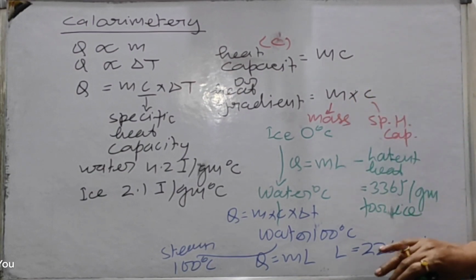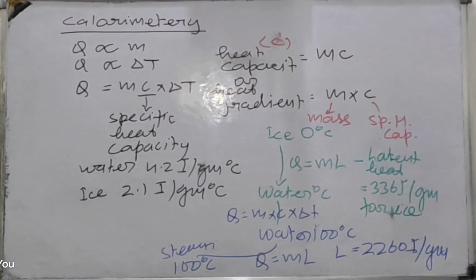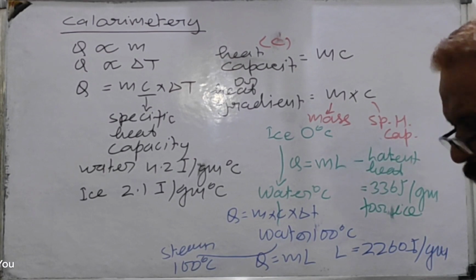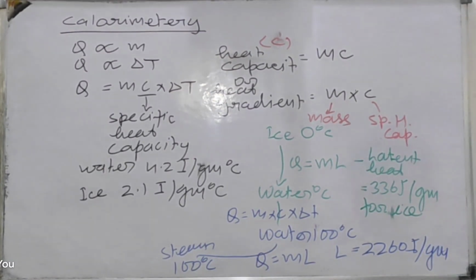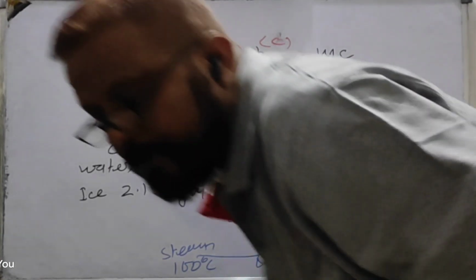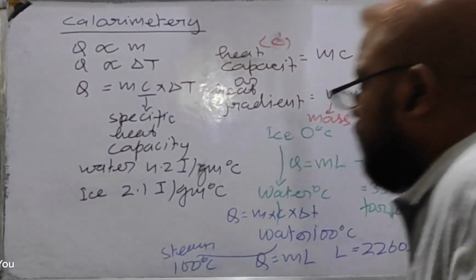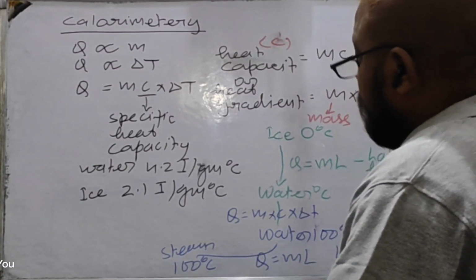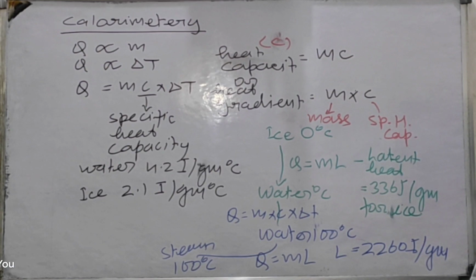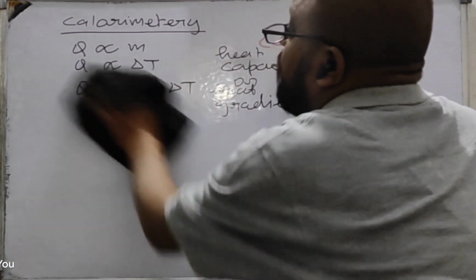So 0 degree ice to 0 degree water: Q is m L with the latent heat of fusion, 336 joule per gram. Then 0 degree water to 100 degree water: m c delta T. Then 100 degree water to 100 degree steam: Q is m L, where L is the latent heat of vaporization of water.